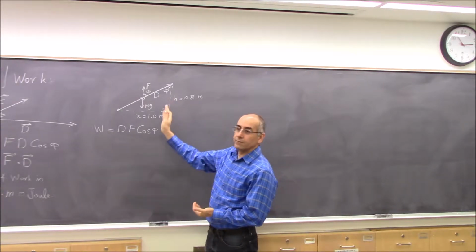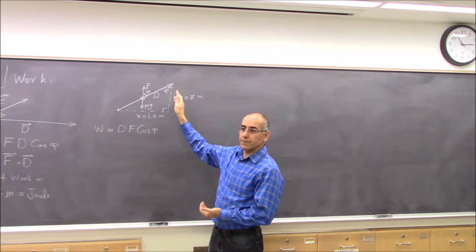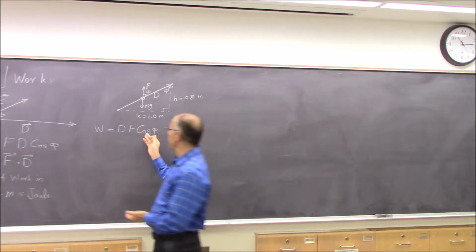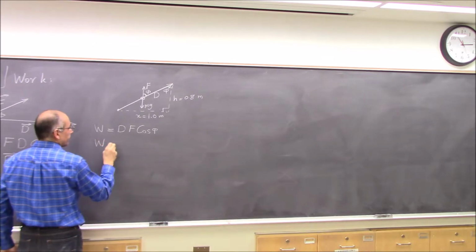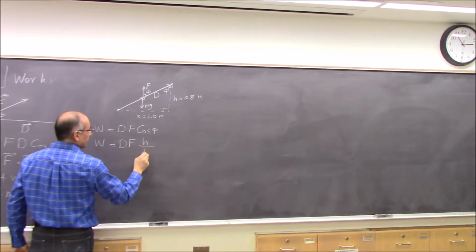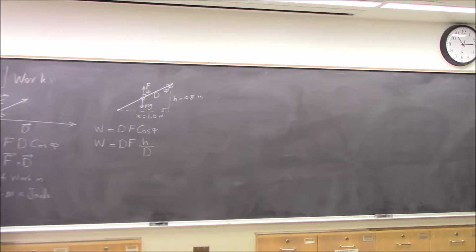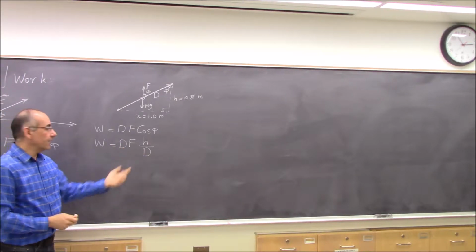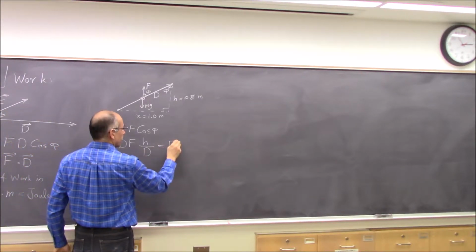It's adjacent over hypotenuse. Adjacent is h, hypotenuse is d. W will be d times f times h over d. This is the magnitude of d, and d cancels out. Again, you get f times h.